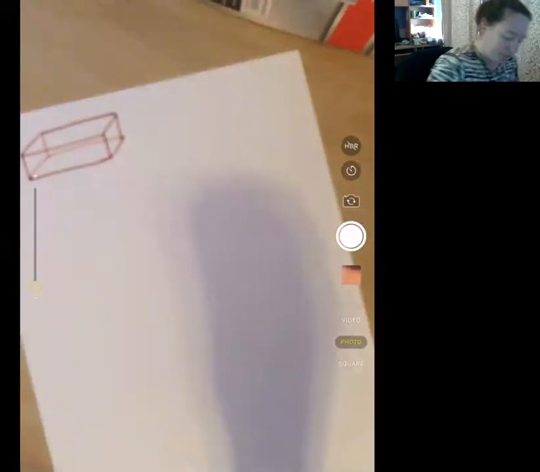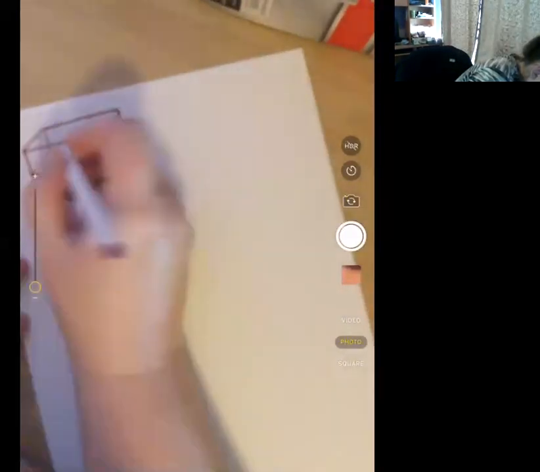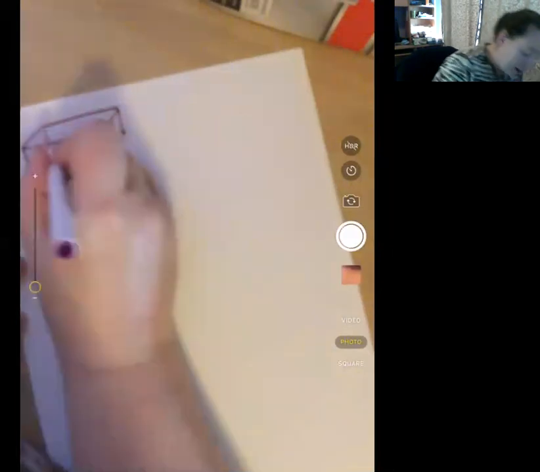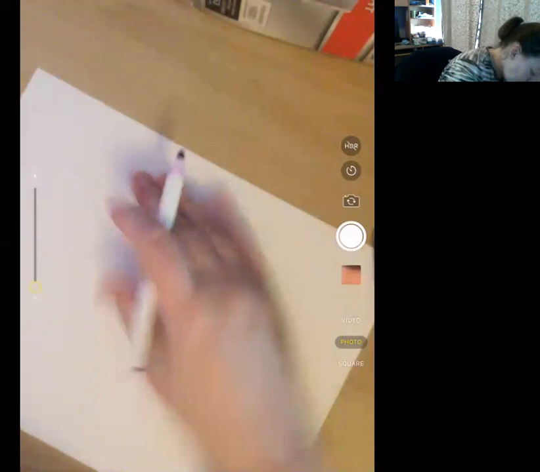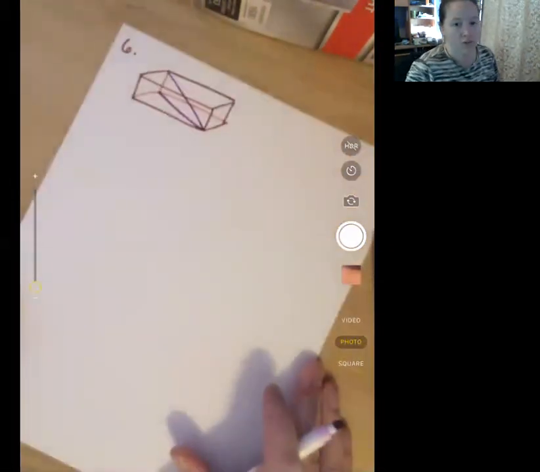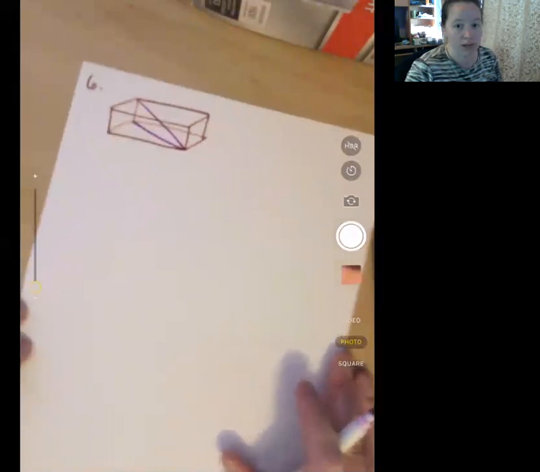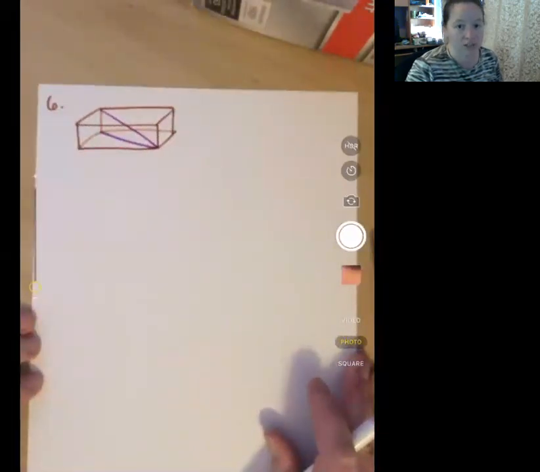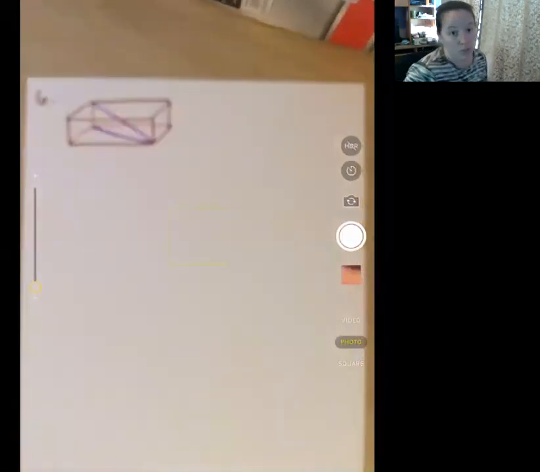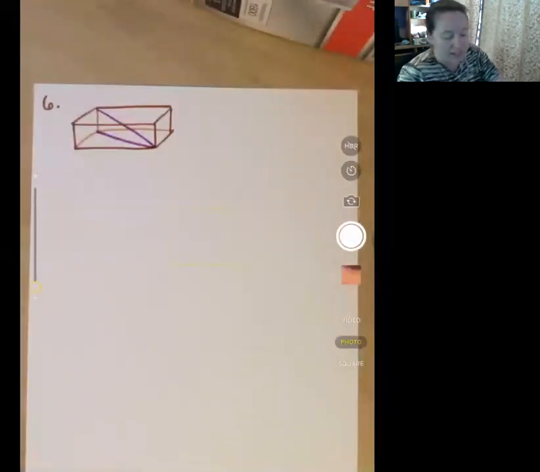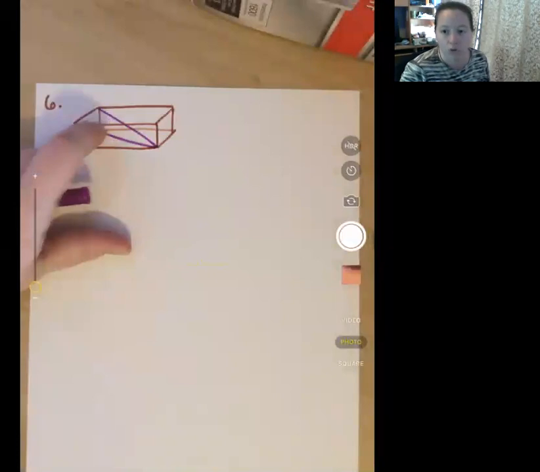So we have our bottom line, which we're worried about, and then we have the rest of the triangle, which is right there. So the purple triangle is what we're actually trying to find the measure of. We want the measure of that line, the hypotenuse of the purple triangle.